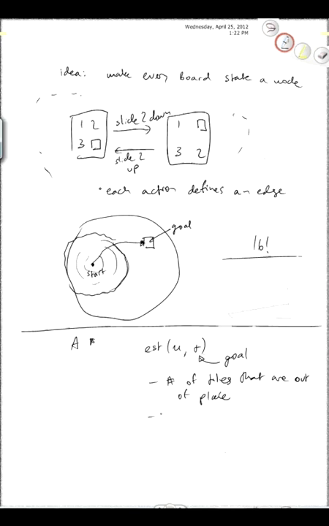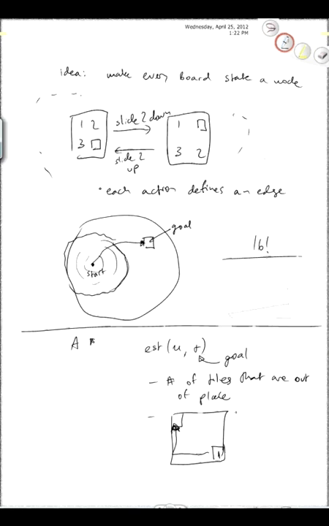Or another very reasonable estimate function that's also an underestimate is the following. So imagine here we have a board position, and that tile 1 is at the bottom, and we know we want it to be at the top. So how many moves do I need to just move tile 1 up here? Well, it's equal to what people call the Manhattan distance, which is just the distance sort of first horizontally and then vertically of getting to the desired spot.